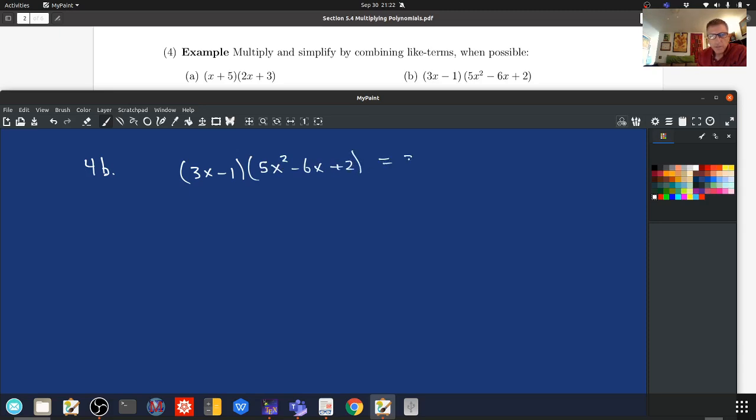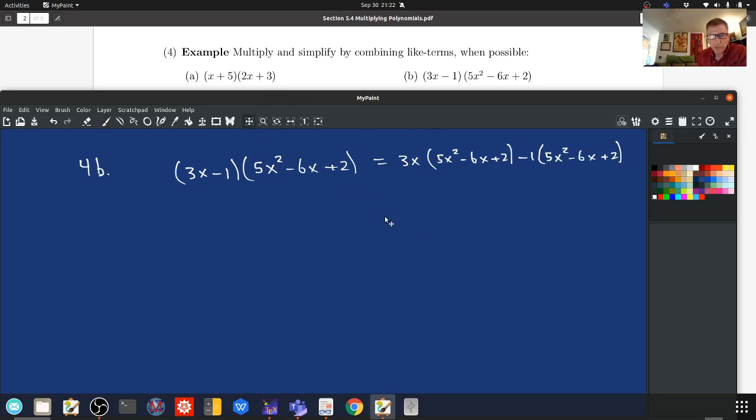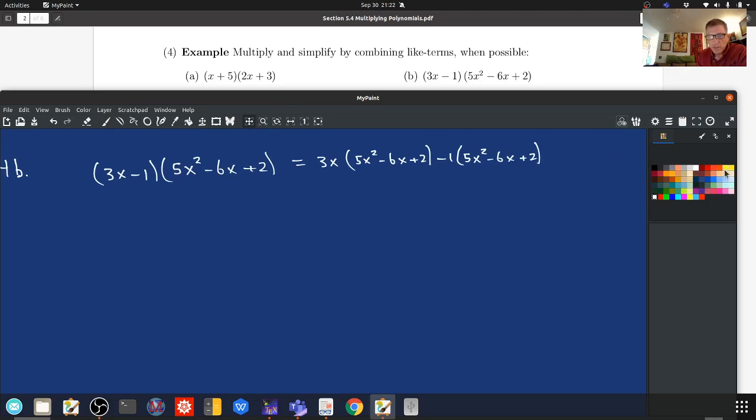So this is equal to 3x times 5x squared minus 6x plus 2. Take the second term together with its sign and multiply it by that same second grouping. And then at the end, now you just use distribution. So again, I'm just using distribution with each term.